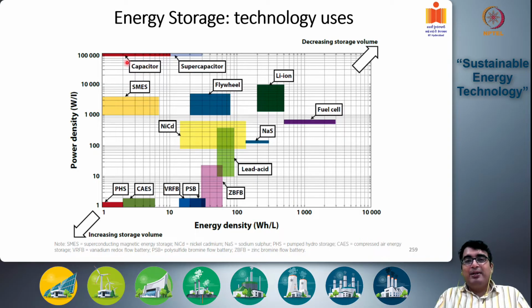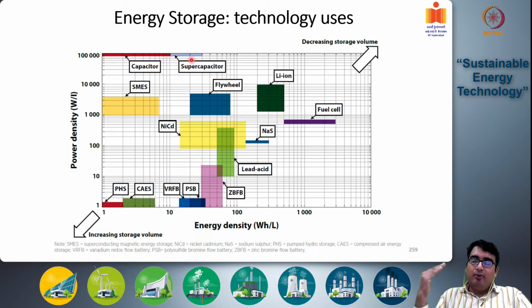So here capacitor has a very high power density and quite low energy densities. Power density is 100,000 watt per liter. Energy density can vary from 1 watt hour per liter to around 10 watt hour per liter. Supercapacitor is an improvement on the energy density side.